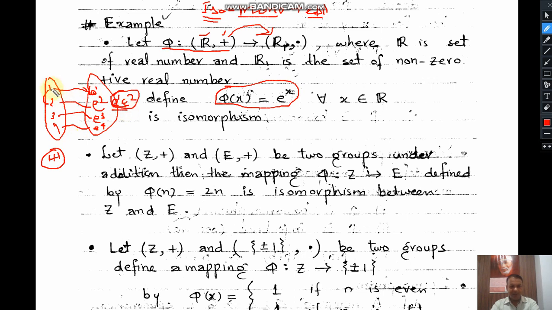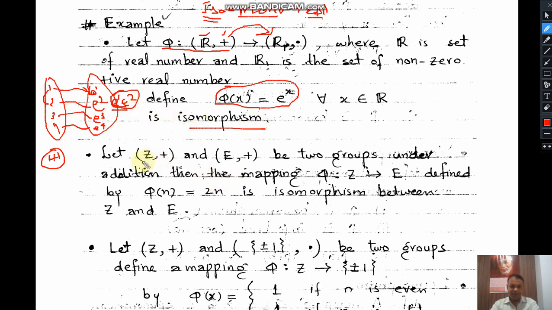If the mapping of element 1 is e to the power 1, then 2 is found by adding 1 twice, so e to the power 2 is obtained by multiplying e to the power 1 twice, and similarly for the remaining elements. The mapping is one-to-one and onto, so it is an example of isomorphism.